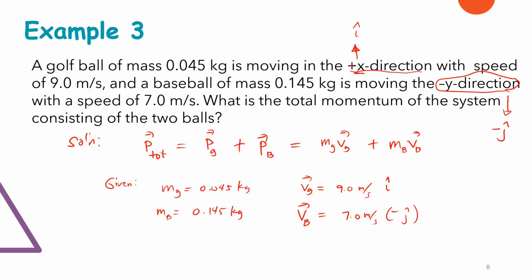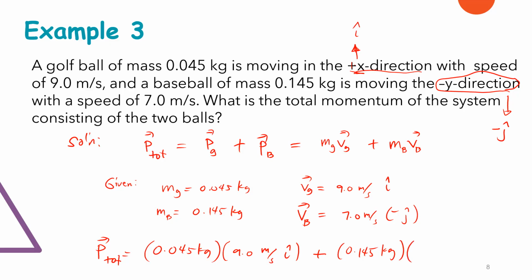So therefore, the total momentum, P total, is equal to mg times vg, so we have 0.045 kilograms times the velocity of the golf ball, 9.0 meters per second i hat, plus the momentum of the baseball, mass 0.145 kilograms times the velocity of the baseball, negative 7.0 meters per second j hat.